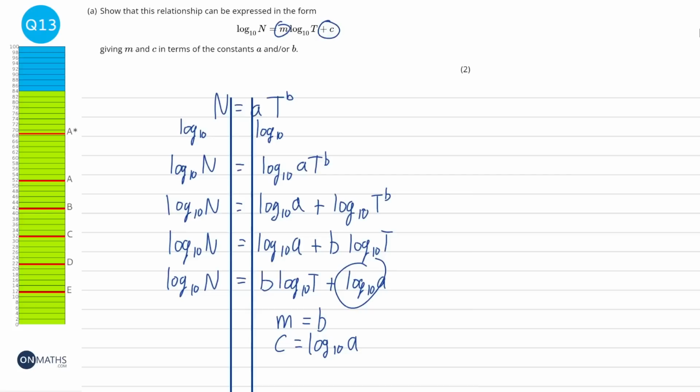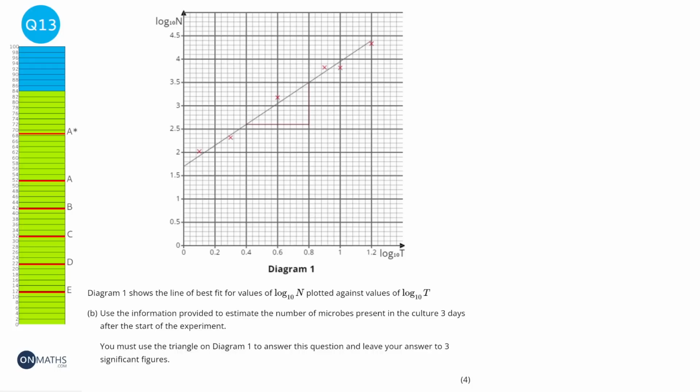Now in part A we kind of worked out the gradient and the y-intercept in terms of a and b, but here we're given an opportunity to actually work out what they really are. So the y-intercept we can see on the graph is 1.7, and the gradient is going to be change in y over change in x. So the change in y is shown on here, that's 0.9.